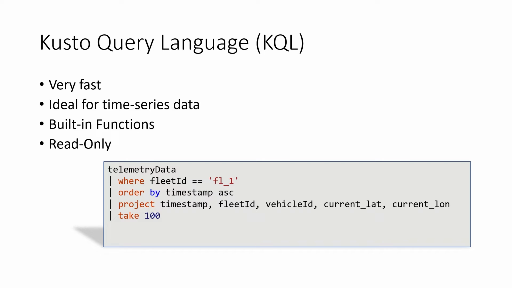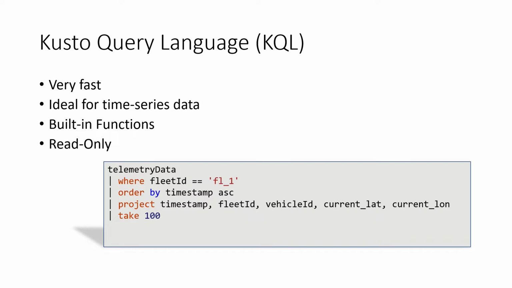All right, here's a quick, simple example of it. If you've worked with SQL in the past, you should at least be able to read this because it does have some elements of SQL in here. In this case, there's the name of the table, telemetry data. There's a filter statement, in this case, where fleet ID equals FL1. And then there's a sorting statement below that: order by timestamp ascending.